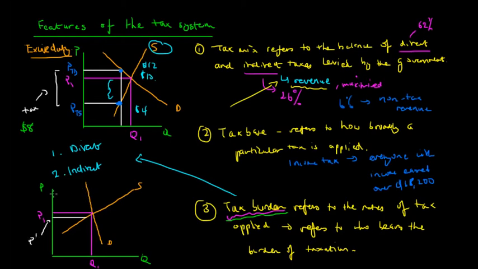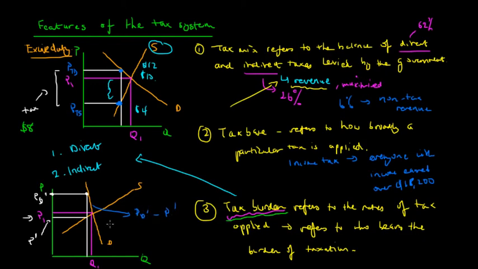But the price consumers need to pay has increased from P1 to PD dash. The new price consumers need to pay for cigarettes is PD dash, whereas suppliers only receive P dash, and the tax is the difference between PD dash minus P dash.